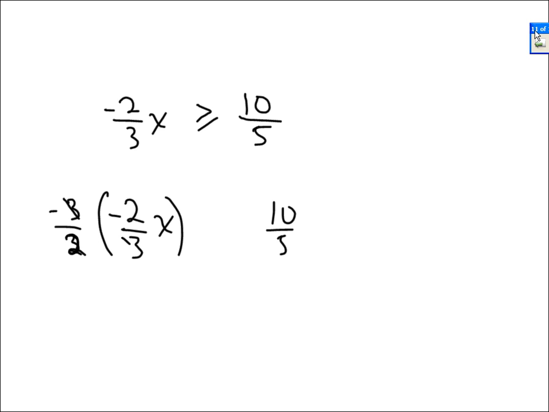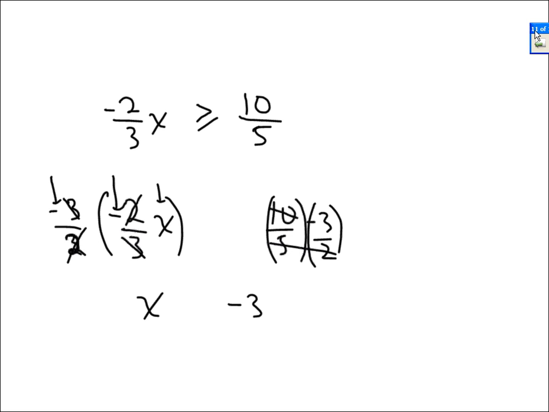This way the 3's cancel, the 2's cancel, and a negative times a negative is positive, so you get x. You do the same to the other side. And you can say, rather smoothly, 5 times 2 is 10, and that kills off the 10 on the top, and you get negative 3.